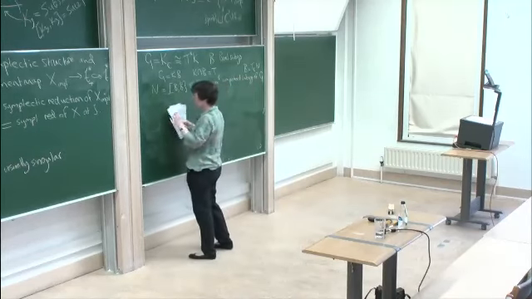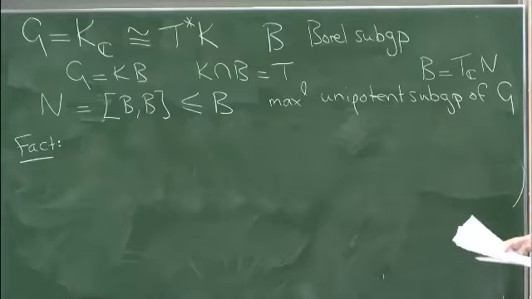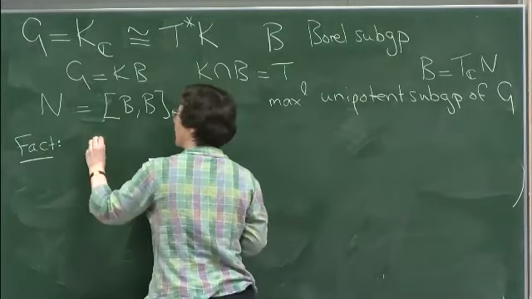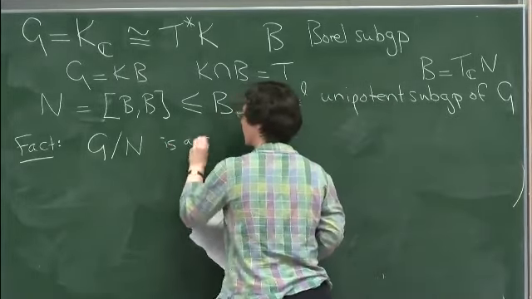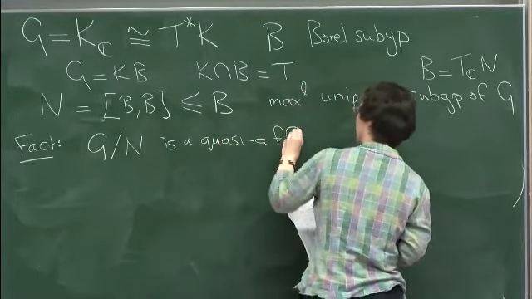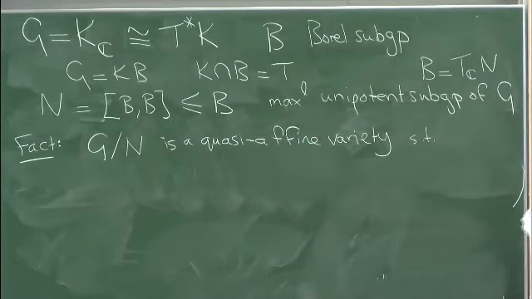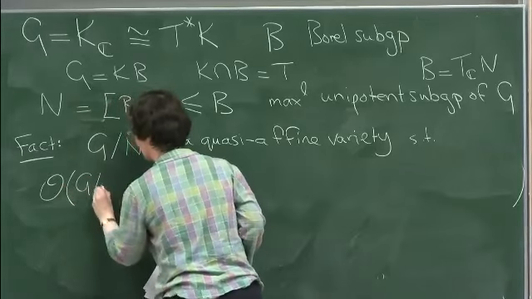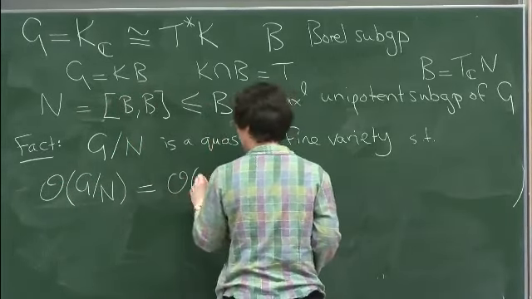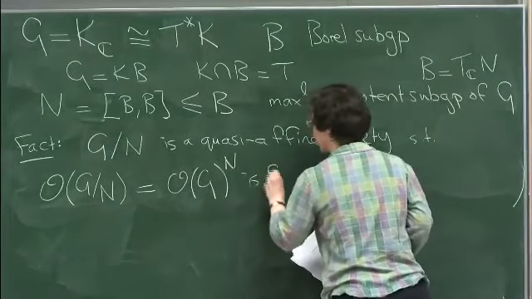And so in general, if we take G mod the unipotent subgroup, then this is always a quasi-affine variety, such that if we look at its algebra of regular functions, that's just the N-invariant regular functions on G, then this is finitely generated.